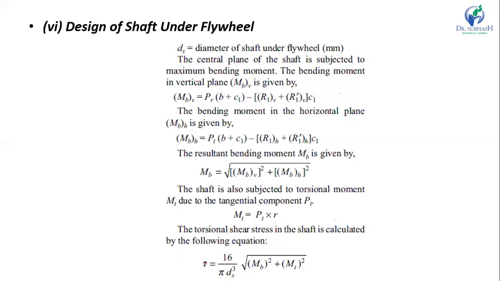In this way you can find the diameter DS, or you can check it. So by this way we can design the side crankshaft at an angle of maximum torque.